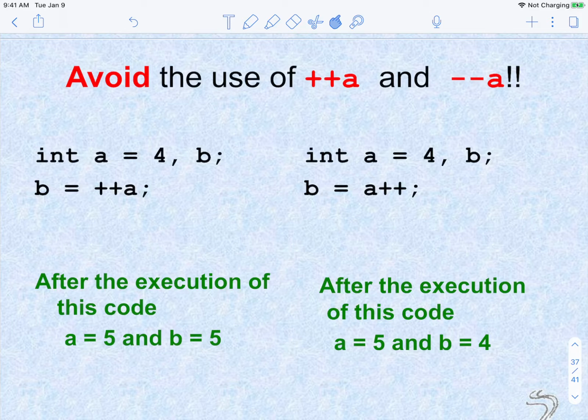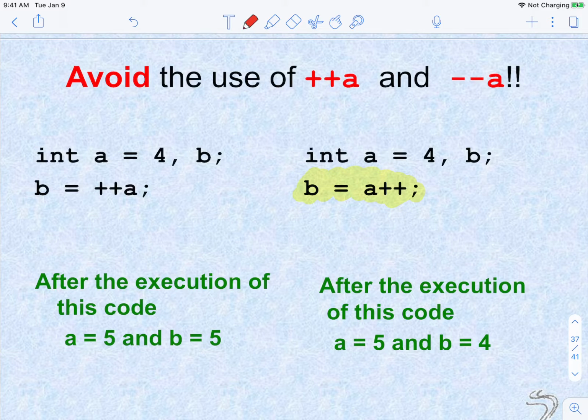So we use this one. Why? Because B becomes A, and then A increments itself. So in this case, B becomes 4 first, and then 4 increments itself to 5. In this case, this happens before. So A becomes 5, and then B becomes A, which is now 5.